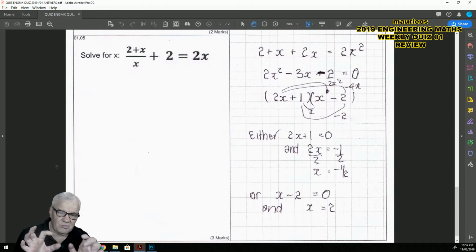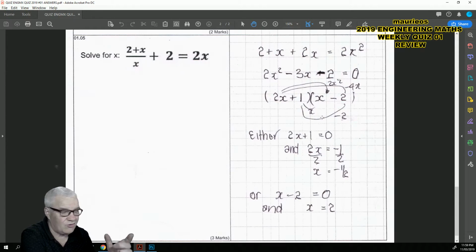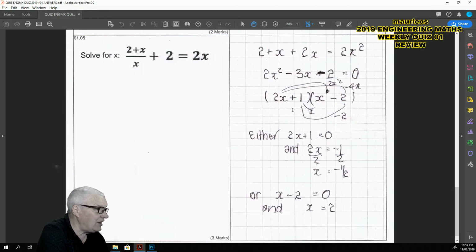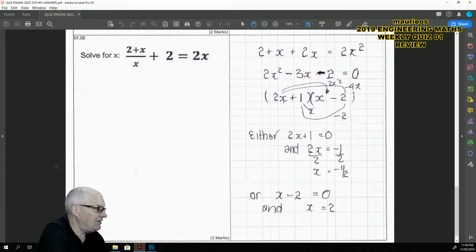Now, each of those brackets represents a number. We all know that if we multiply two numbers together, 2 times 3 is 6, 4 times 5 is 20, and 1 times 6 is 6. In this case, each of the brackets represents one number, and x is included in it.